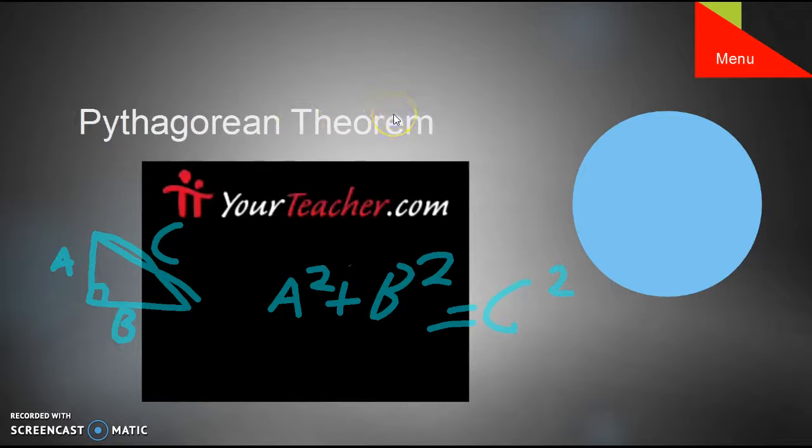So let's say A and B are 1. So 1 squared plus 1 squared equals C squared. So 2 is equal to C squared.